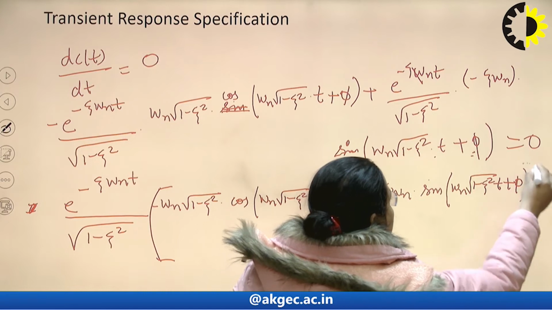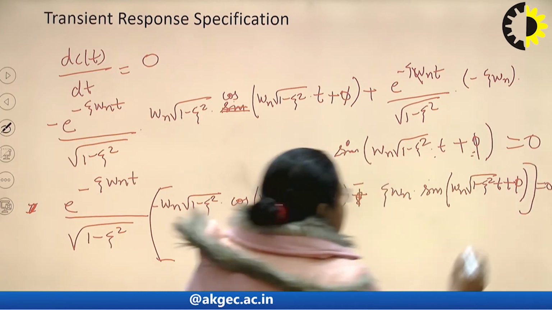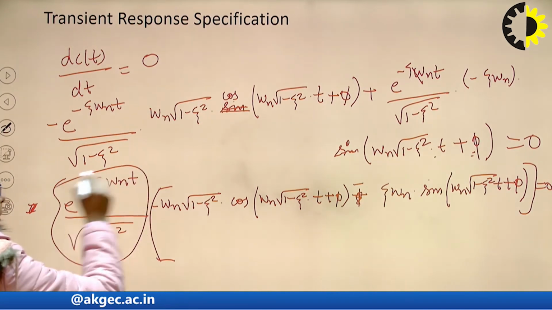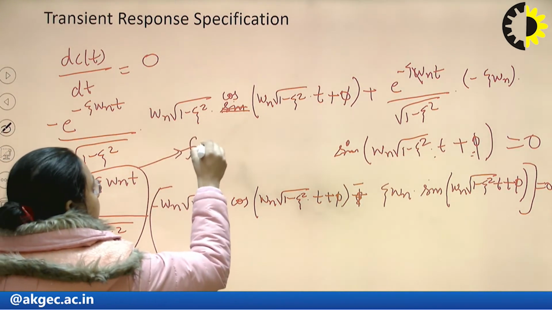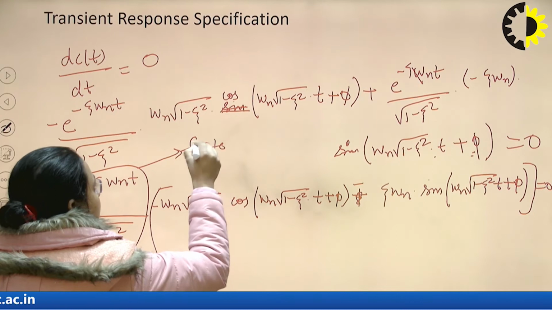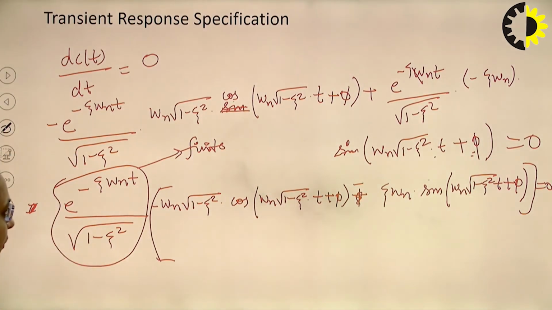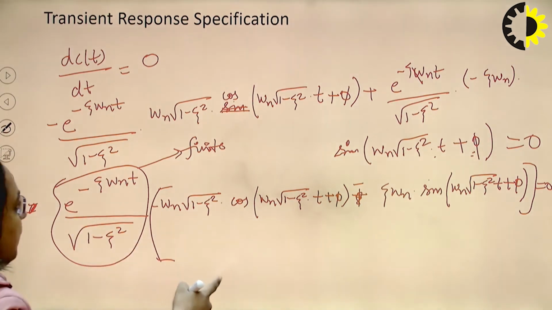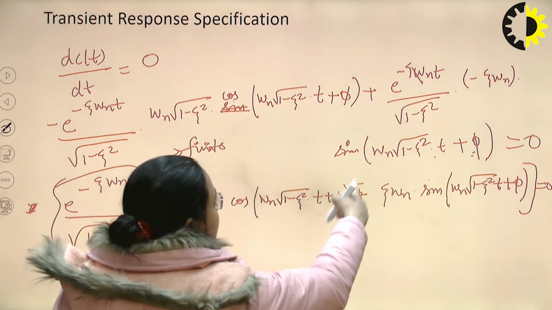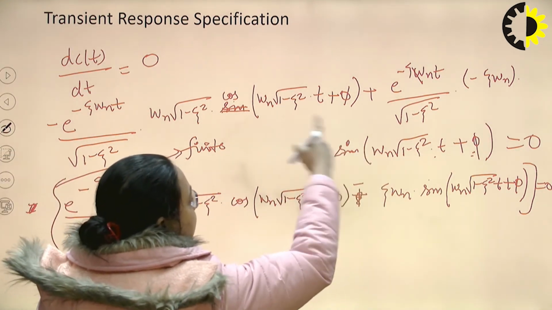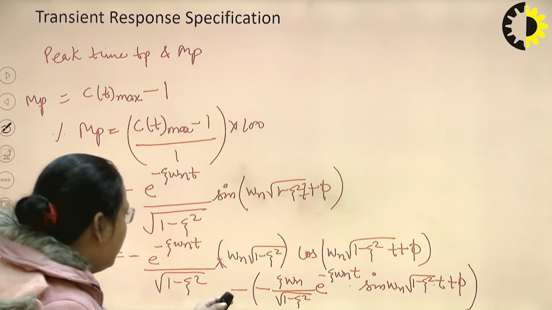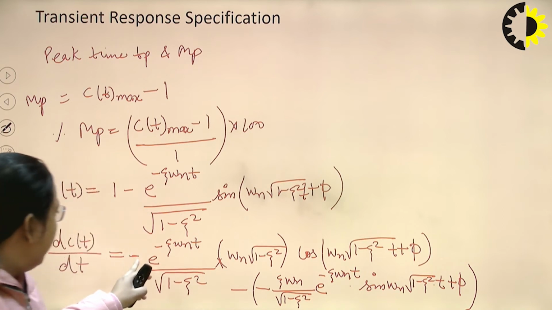So it all equals 0, right? Since the common term is a finite term, we can equate the remaining term to 0. I think this must be a positive sign, because the minus sign is outside. In the previous equation, let me check it out. See, the minus sign is already outside, okay?